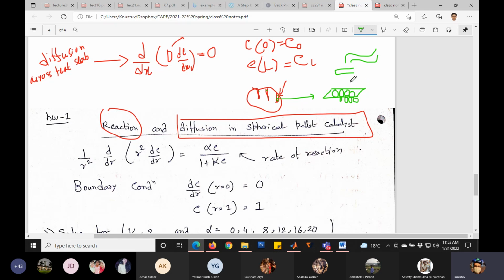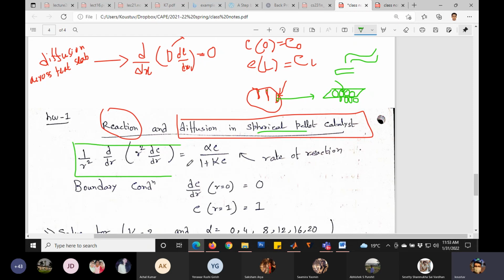Gases will be adsorbed on the catalyst site. So inside the pore the reaction is happening. Okay, so diffusion has to be there. From the pellet outer surface, diffusion has to occur inside the pore. Now it is told that the pellet is spherical, so accordingly we just use the spherical coordinate.